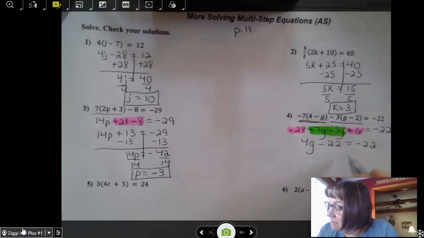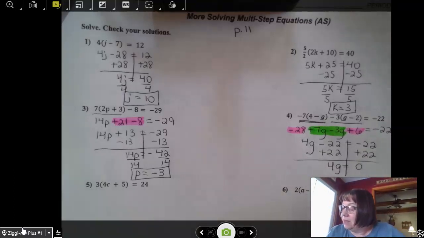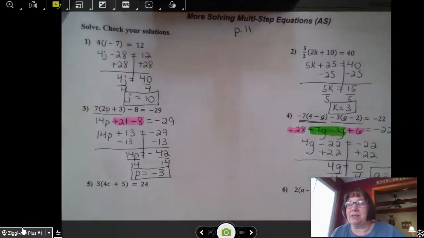The next step, I'm going to add 22. 4g equals 0. You would divide by 4, and g is still 0. Yes, it's okay to get 0 as an answer.